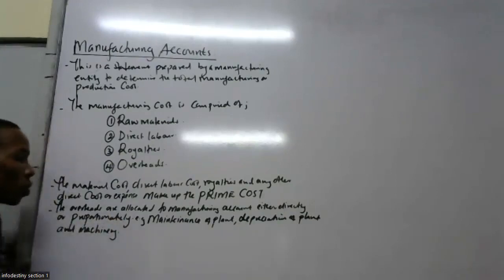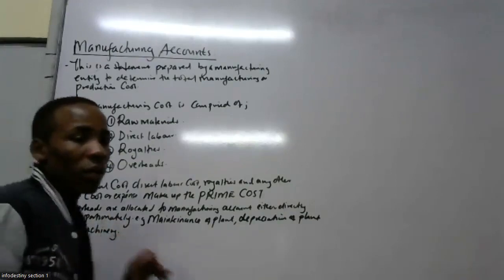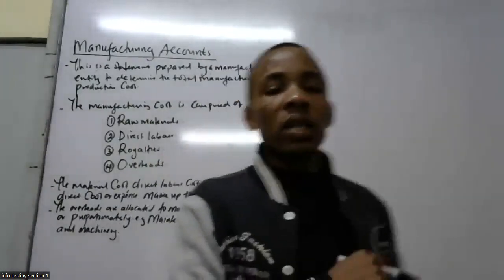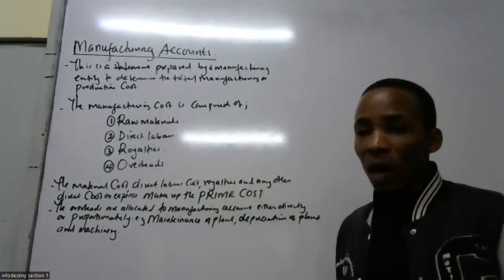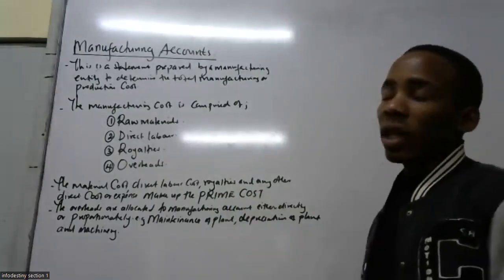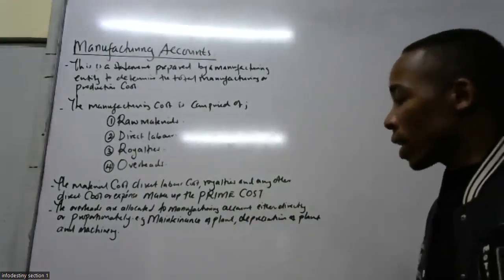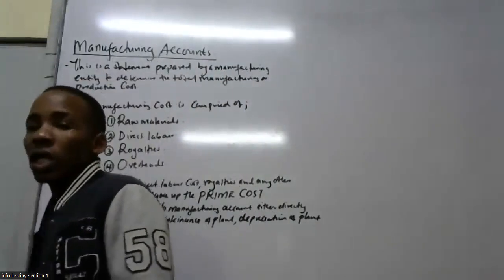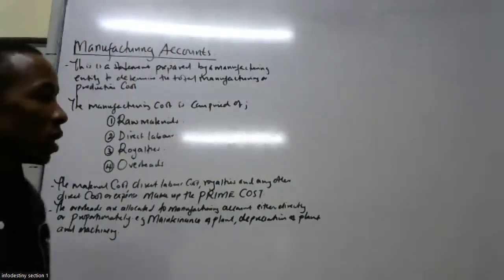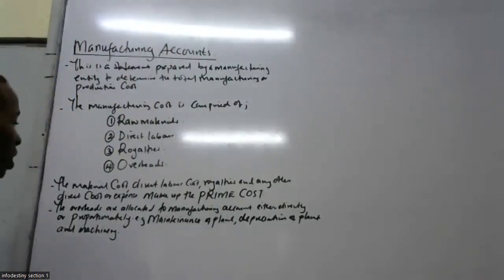So these two, they are allocated 100% to the manufacturing account. Then the others can be apportioned in consideration of what the examiner has said: either the set percentages or the set ratio, depending on the proportion given.